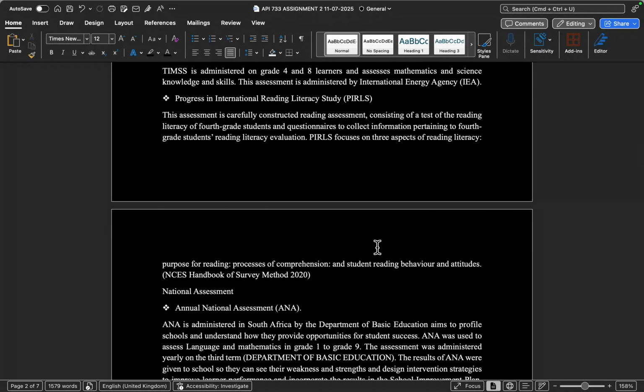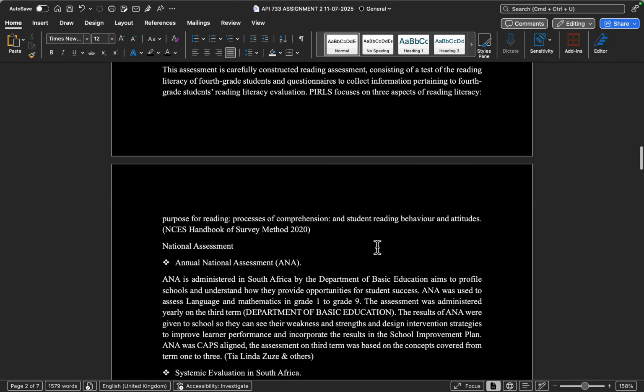PIRLS also focuses on 3 aspects of reading literacy: the purpose of reading, the process of comprehension, as well as student reading behavior and attitudes. Those are the large assessment programs that we use, and South Africa does participate in PIRLS. South Africa is not doing very well in that one.